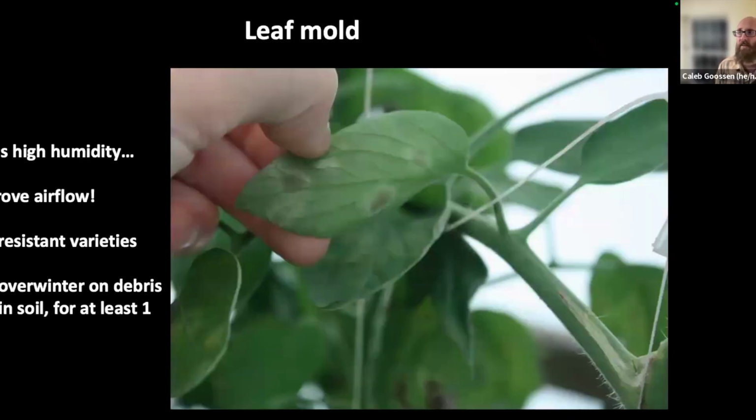And it's also totally preventable if you use a resistant variety. If you grow a tomato that's leaf mold resistant, you might get a spot here or there of one or two different types of leaf mold, but the really devastating leaf mold you don't have. Whereas if you have a susceptible variety next to it in the same greenhouse, that variety is loaded and eventually dies way earlier.